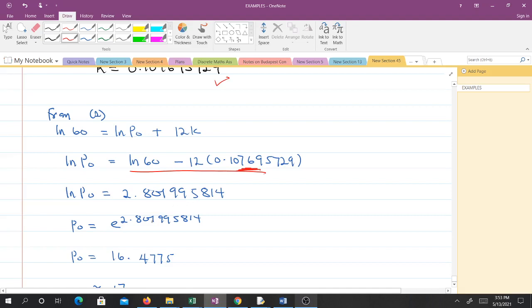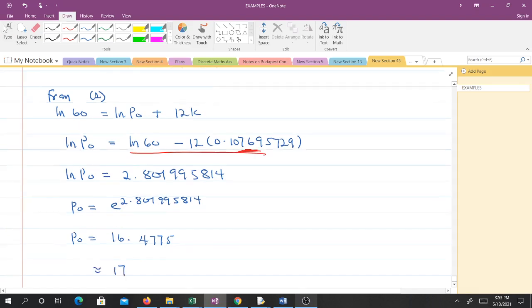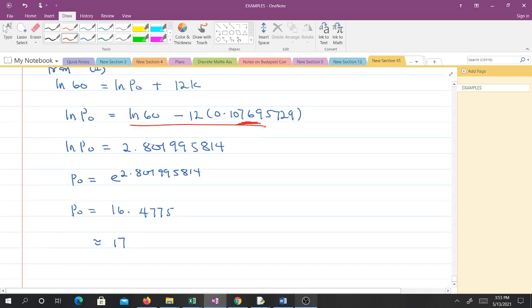To get p naught, we find the exponent on both sides, so p naught is equal to e to the power 2.801995814, and when you evaluate this you get 16.4775. Some books will approximate this to 16, but because we're talking about human beings here, we approximate this to 17.